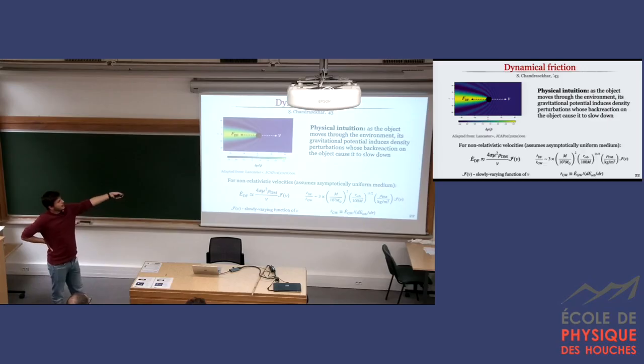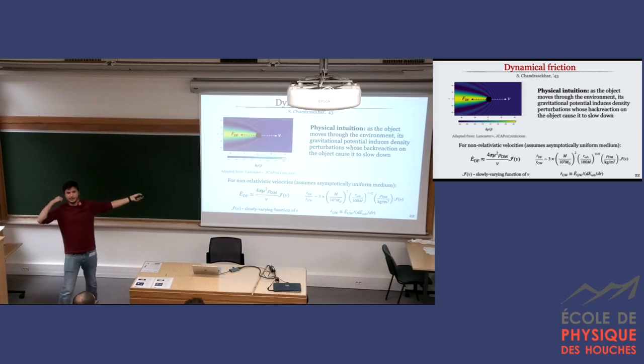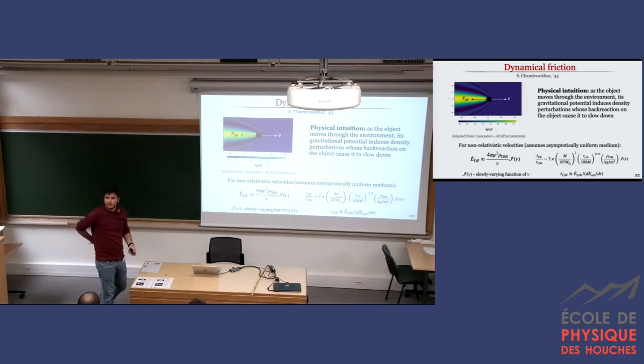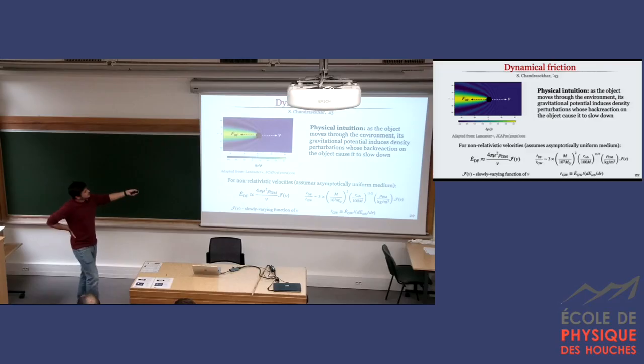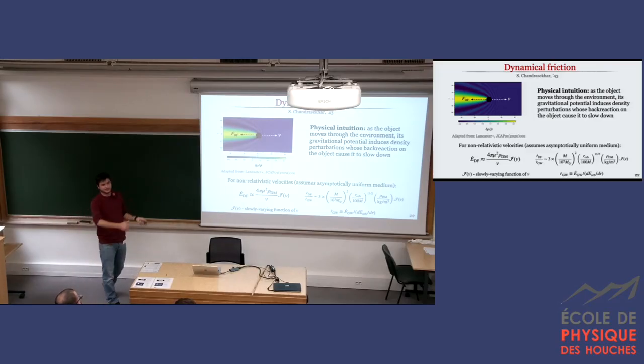As this object moves, it creates a wake, a perturbation behind it, because you tend to accumulate things behind you due to your gravitational interaction. This overdensity behind the object as it moves creates an effective force, a force due to the gravitational interaction.